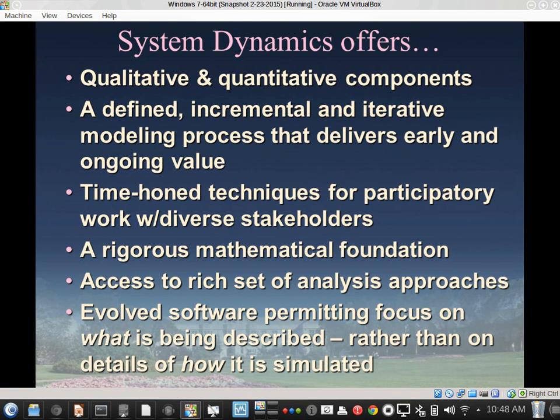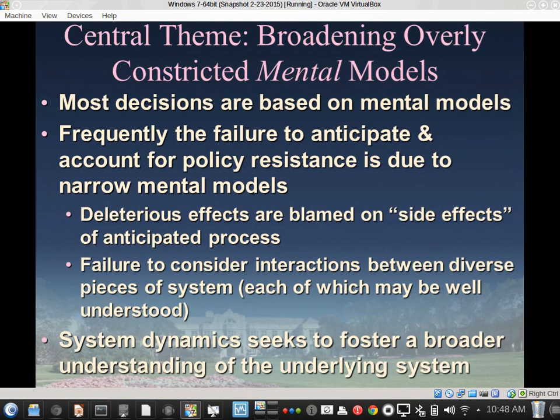And some very evolved software that allows you to build these models with a minimum of programming. There's almost no programming in a traditional sense involved in system dynamics. You do have to be careful to specify these models precisely, but as far as programming, it's absolutely minimal.